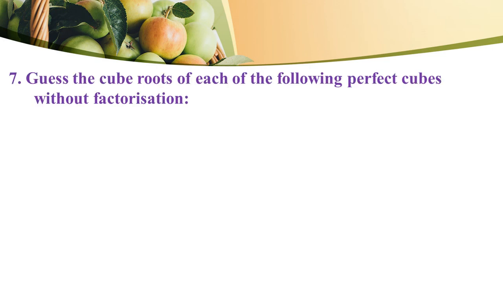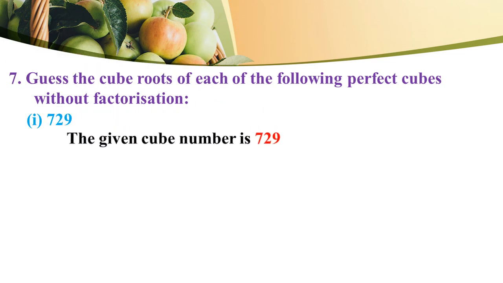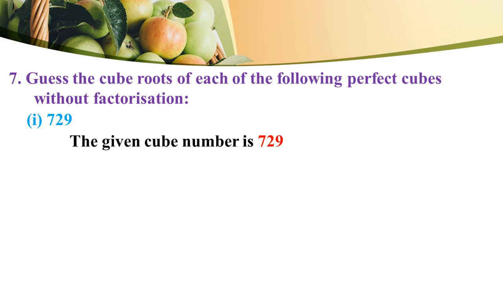Let us learn how to find cube roots of perfect cubes without factorization. 729. The given cube number is 729. Then we should see the units digit.